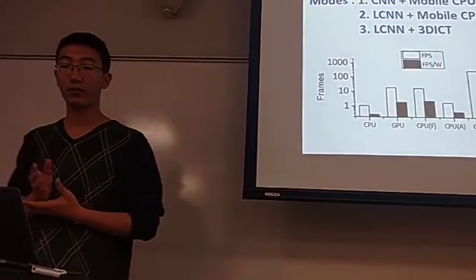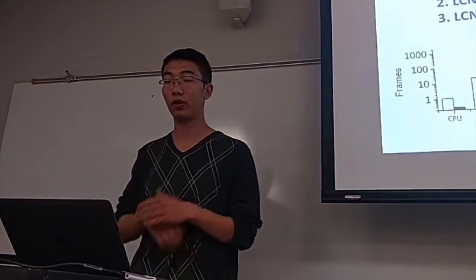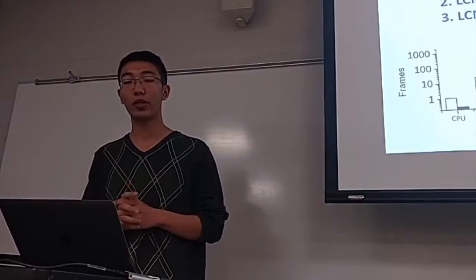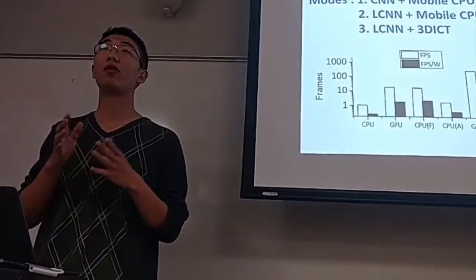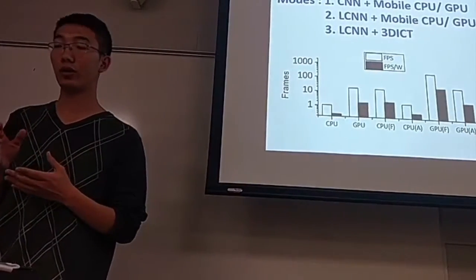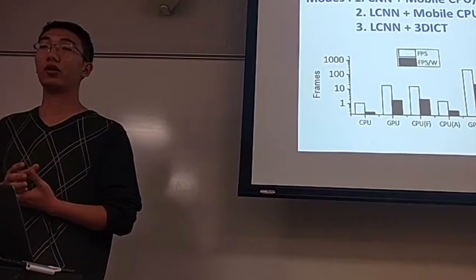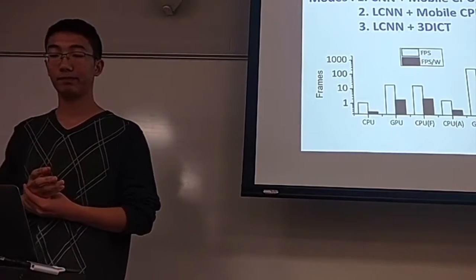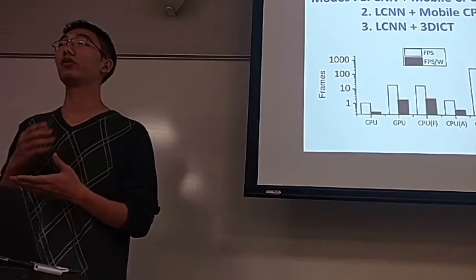AlexNet needs 61 million parameters and 1.5 billion floating point operations. So for a mobile device to run this CNN, it's very challenging. So for mobile platforms, you need to speed up.